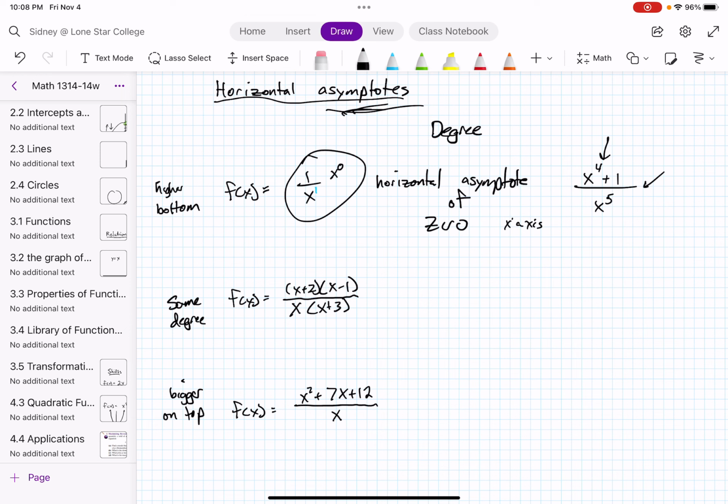So just be aware of that detail. It doesn't have to be 1 over. It could still be a high degree on top as long as the bottom one has a higher degree. It'll still go to 0.